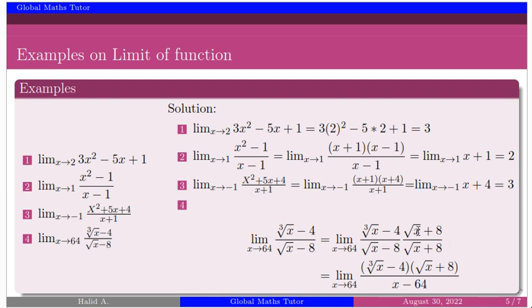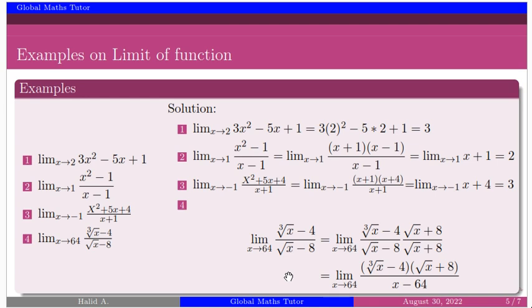This one times this one is a minus b times a plus b, which will be a squared minus b squared. The square root of x squared is x, and 8 squared is 64, so it will be like this. Now let's substitute 64 and check. The denominator is still 0, so we must have a way to factor out something.